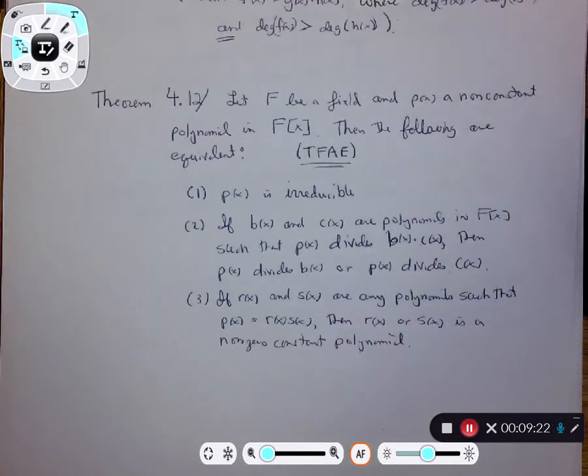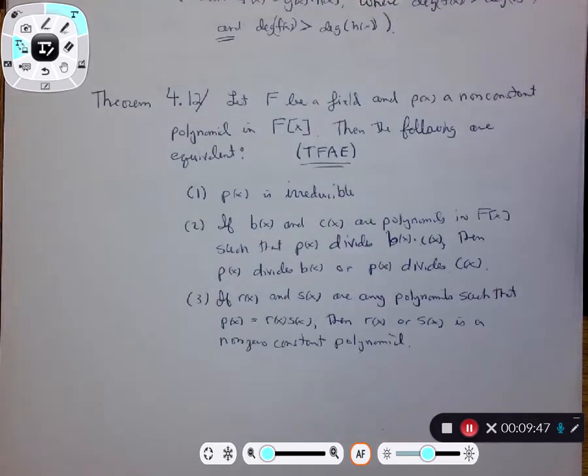Now, what's the pattern? The pattern, of course, is that this irreducibility is like a prime. You're right, we're calling it p(x) for a reason. Now, this is not a prime polynomial. We don't have a prime polynomial, but we've got a name for it. It's prime-ish. A prime-ish polynomial is that irreducible polynomial.